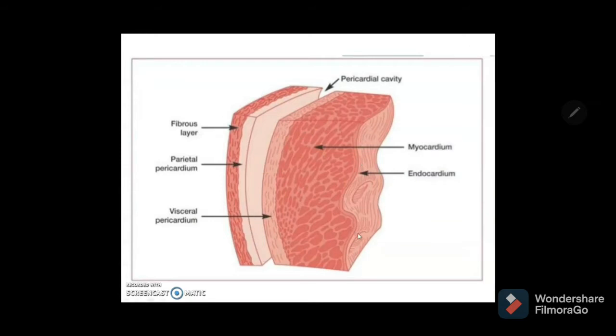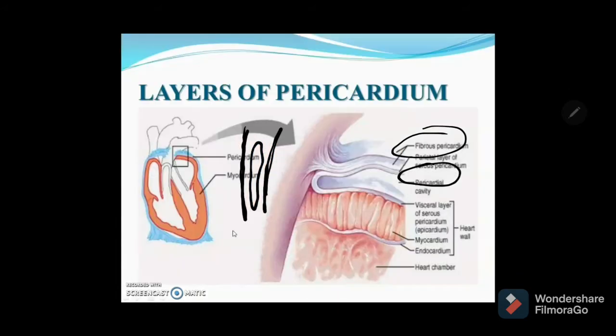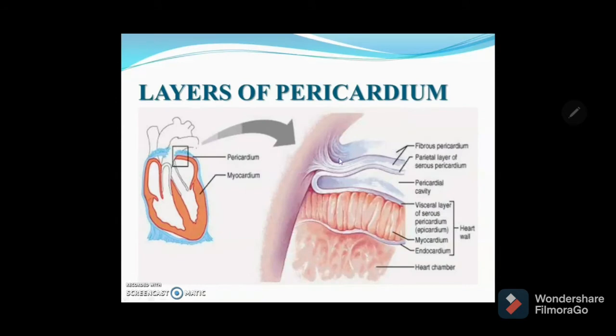You can also notice the different layers of the heart from inside to outside: endocardium, myocardium and the visceral part, the epicardium. You can see the pericardial cavity, and outside you can see the parietal pericardium which is intimately attached to the fibrous pericardium.